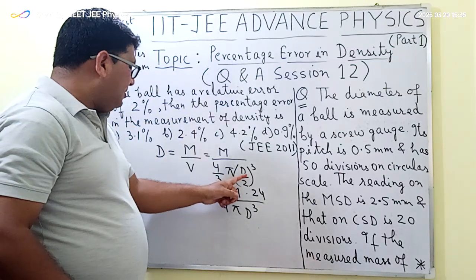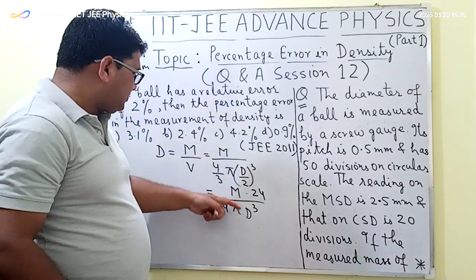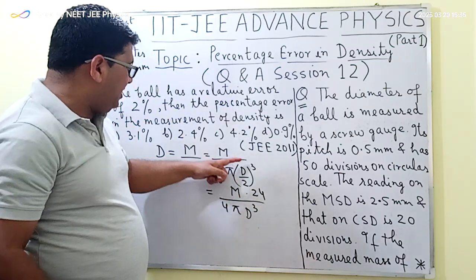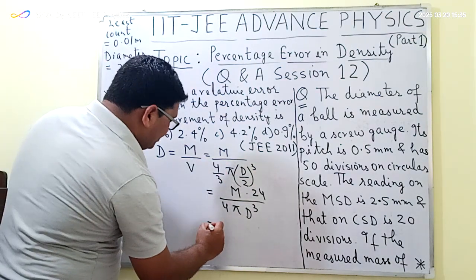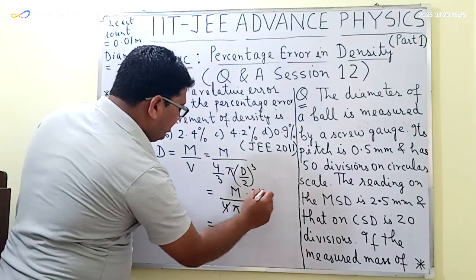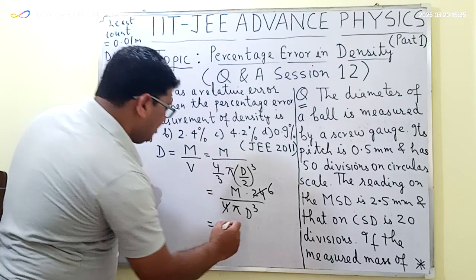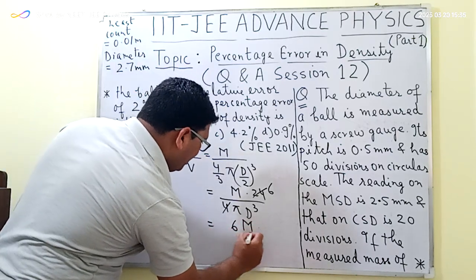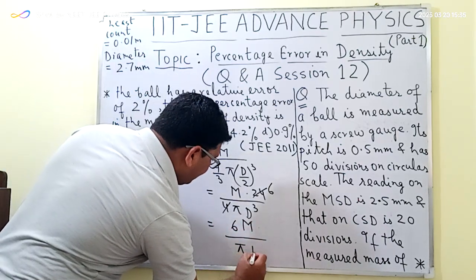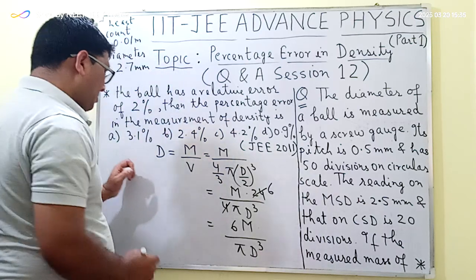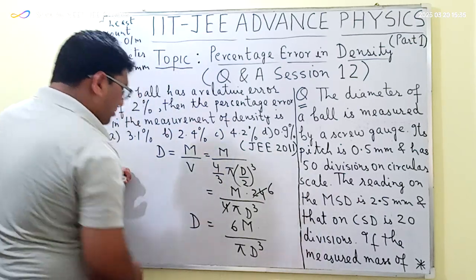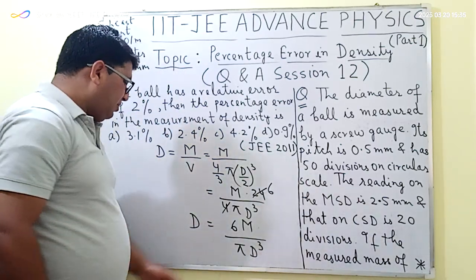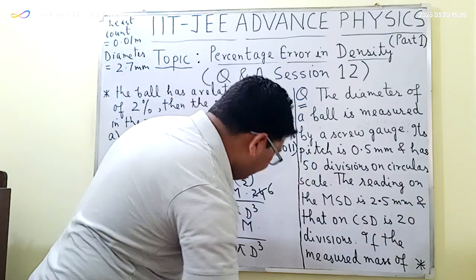So 4 pi d cube and this 24 will be in the numerator. So this is equal to 6 m divided by pi d cube. This is the density in terms of the mass and diameter.